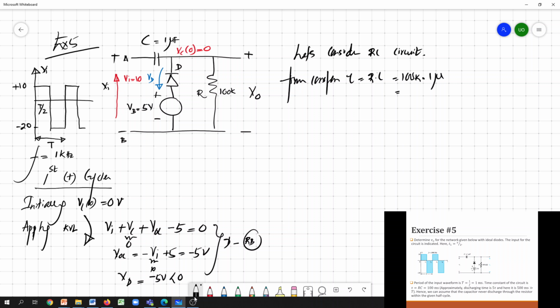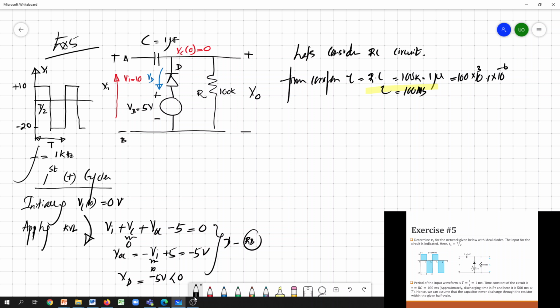So this is 100 into 10 to the power 3 into 1 into 10 to the power minus 6, so tau is basically 100 milliseconds.